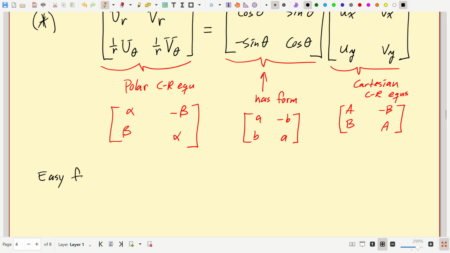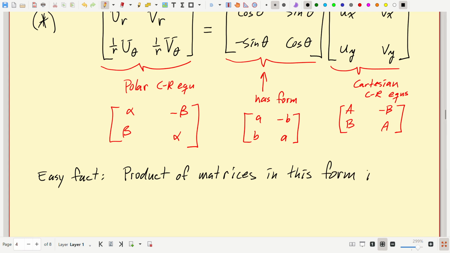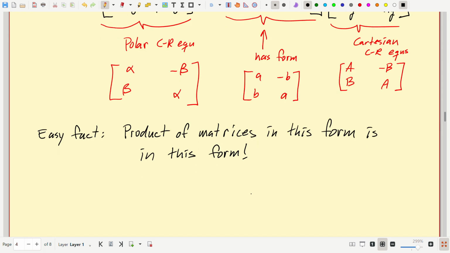So an easy fact: the product of matrices in this form is in this form. You just check it. Do it, and sure enough, it sure is.